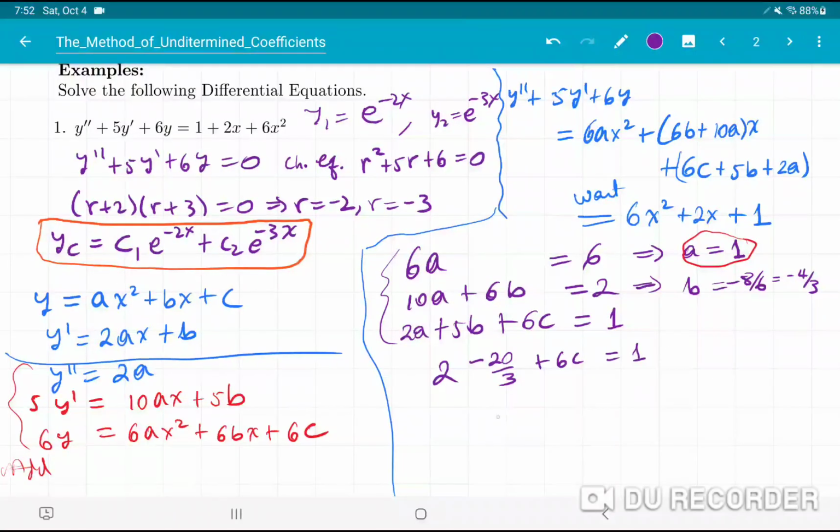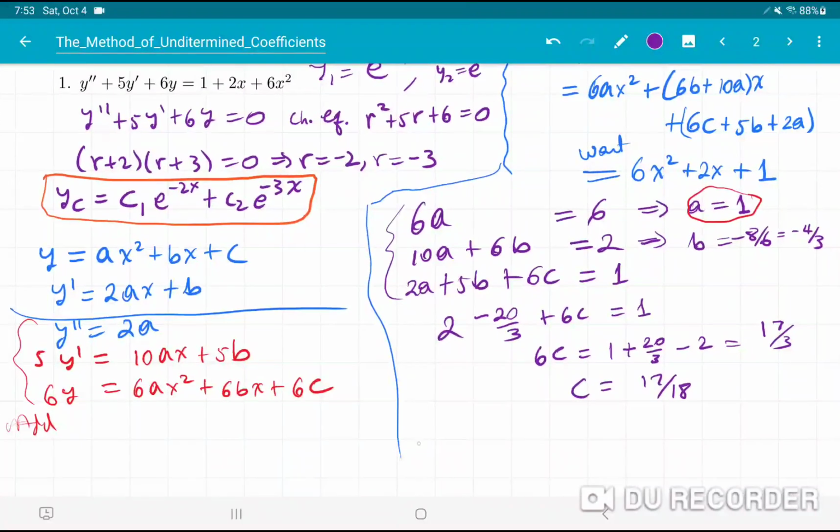Bringing everything to the right, that's minus 1 plus 20/3. 3 times 1 is 3, and 20 minus 3 is 17/3. So c is 17/18.